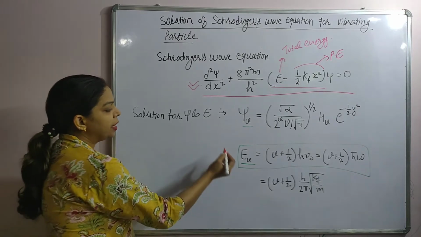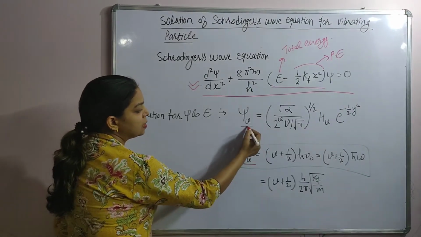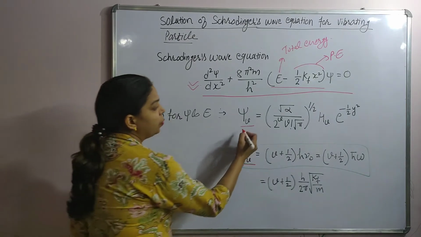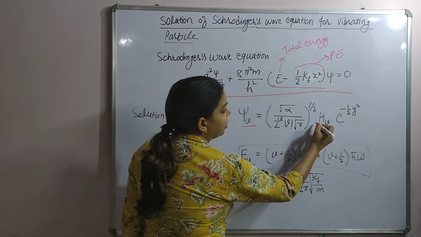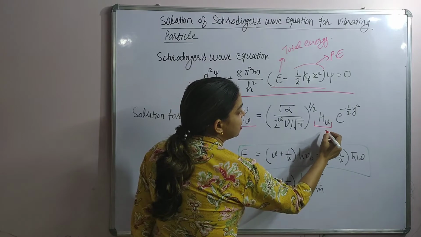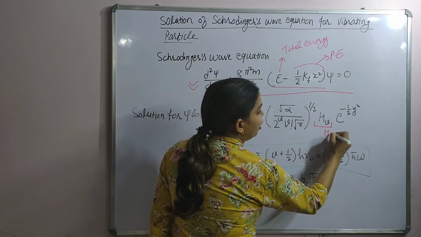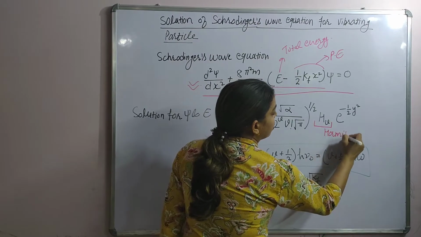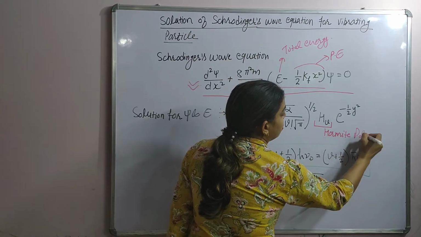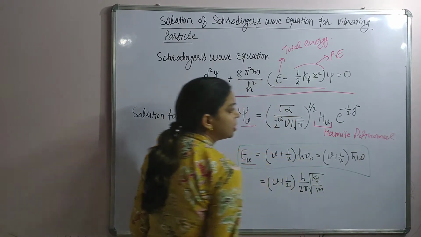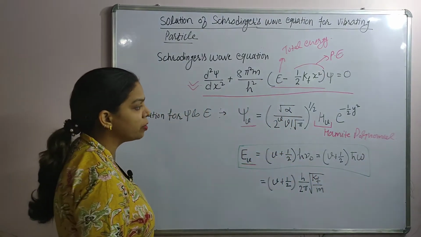so that we can solve this simplified differential equation. So we have seen the energy expression, and this is the wave function expression. You can note it down. And in the wave function expression, here is a special term appearing. This term H_v is known as Hermite polynomial. We will see what is the expression for Hermite polynomial also.